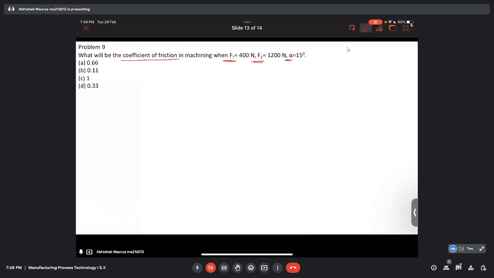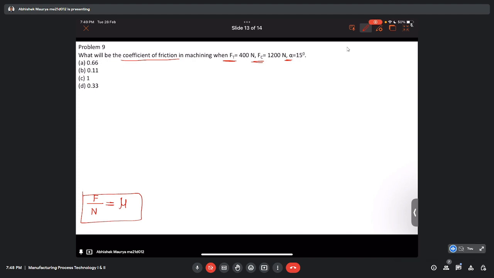And if you can remember how coefficient of friction is defined, it is defined by the frictional force applied by the rake surface on the chip divided by the normal force applied by the rake surface on the chip, that is equal to mu.